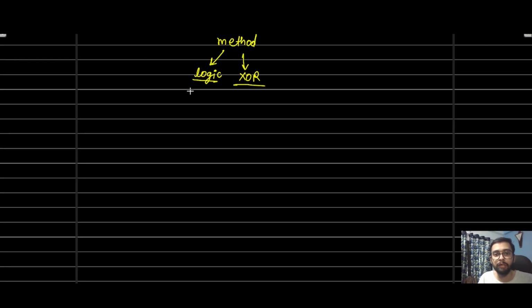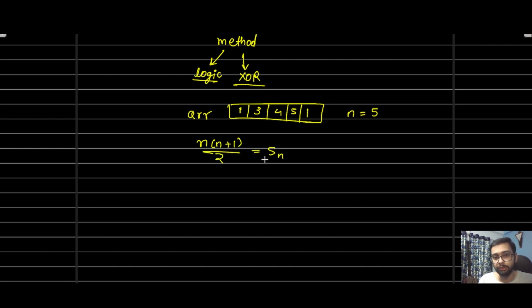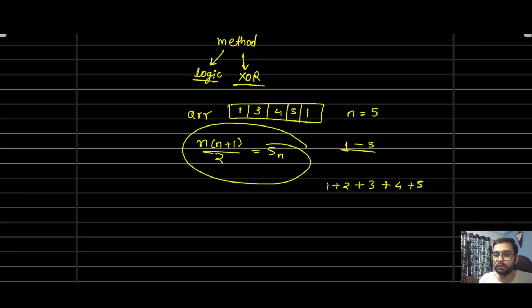Previously we have been discussing the logical and XOR approach. We will look at this step by step. First, we have an array whose elements are 1, 3, 4, 5, and 1. We have learned in previous classes that the sum of n natural numbers is n times n plus 1 divided by 2. So firstly, I take the sum from 1 to 5, that is 1 plus 2 plus 3 plus 4 plus 5, which we call Sn.